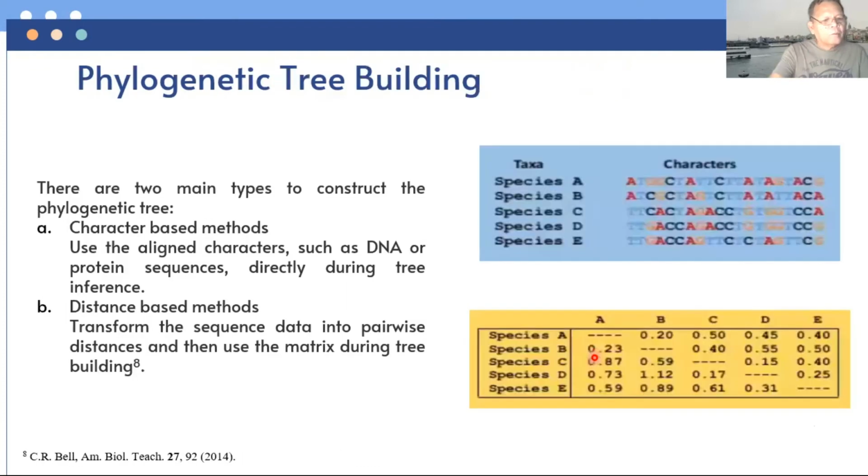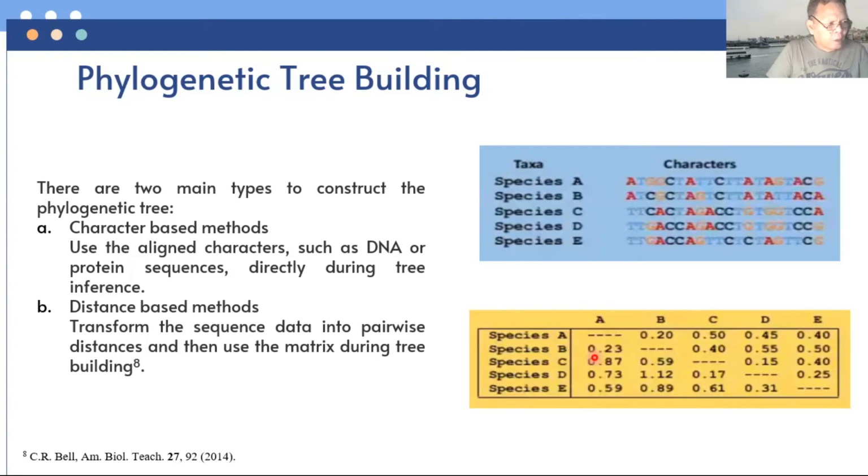The main types of methods to construct the phylogenetic tree are: the first one, character-based method. In this case, we use the aligned characters such as DNA or protein sequences directly during tree inference.